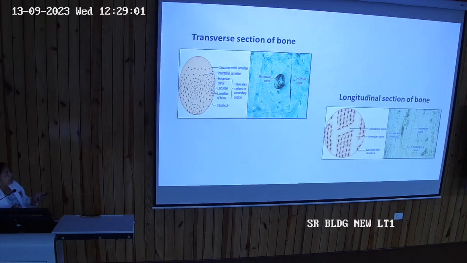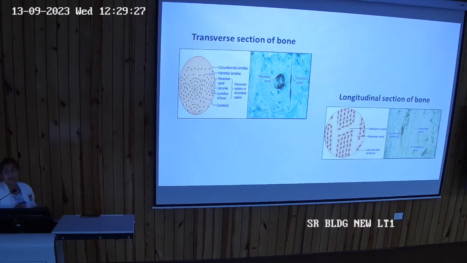All these which are concentric, you will call concentric. Then in between the concentric ones, these are the interstitial. All these are concentric, but these are not concentric. So these are called interstitial lamellae. Now surrounding this, on the outermost side, bounding all these Haversian canals, is the circumferential lamellae.